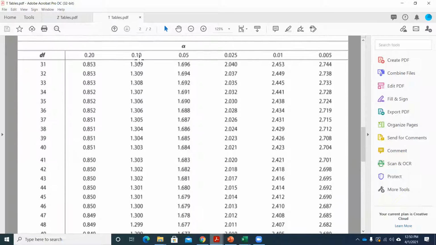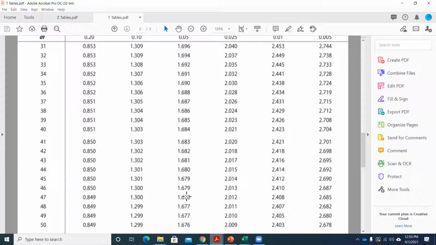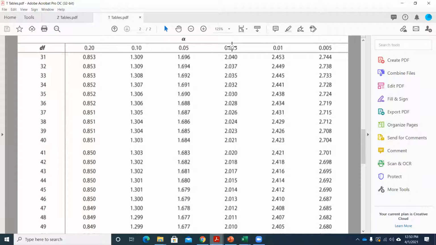The area that I want in the tails is alpha over 2. So I said 0.05, that was alpha over 2, 0.1 over 2. I go down to my degrees of freedom of 50, 1.676. The next one was an alpha of 0.05. It's a two-tailed test, so it was alpha over 2, so 0.025.